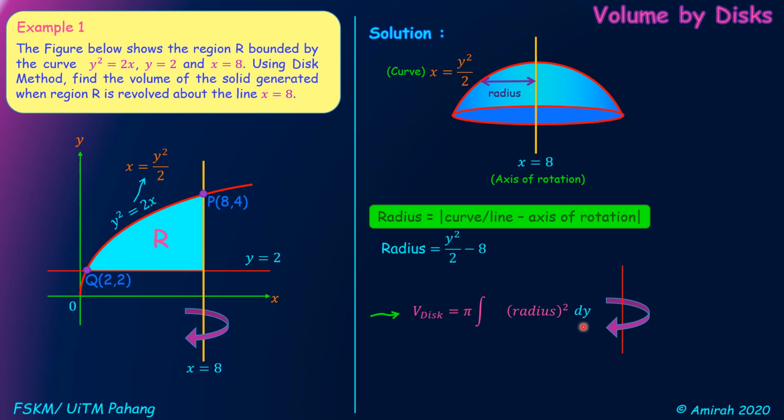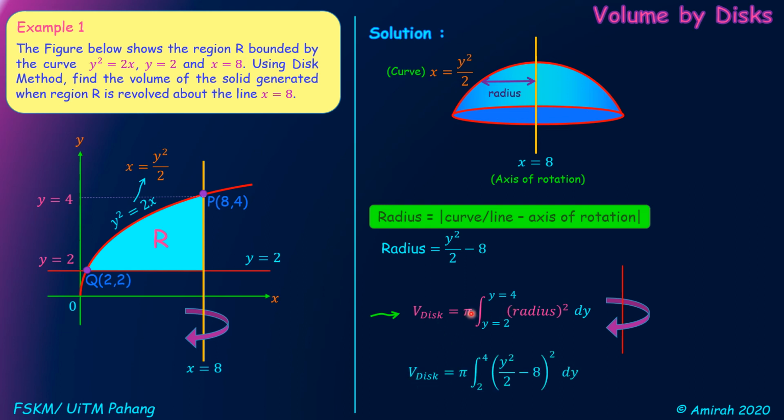And when we integrate with respect to y, we need to use lower limit and upper limit on y-axis. So from the coordinate given here, coordinate of y equals to 2 for the lower limit and 4 here. Then we can write here, our lower limit y equals to 2 and our upper limit y equals to 4.